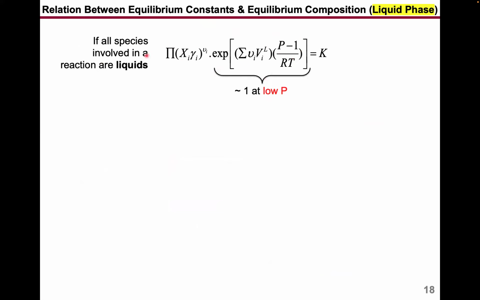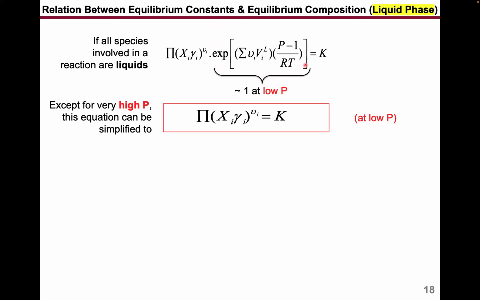So basically, all the species involved in the reactions are liquids. If you look at this whole expression, if your pressure is approximately equal to 1 bar, or low pressure, this is going to be approximately just equal to 1. So this whole thing is equal to 1 at low pressure.